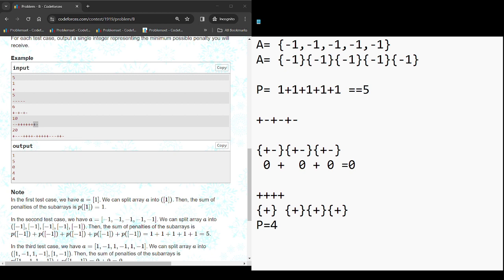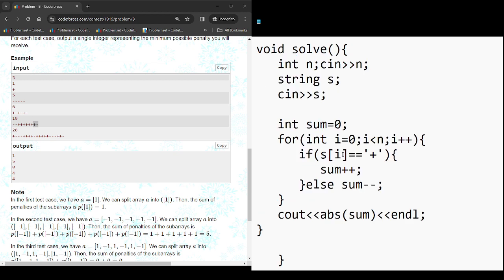So basically that's what I'm doing in the code. First of all, I'm taking the length of the string, then I've taken the string, and after that I've taken the sum as 0. Then I iterate through the string.